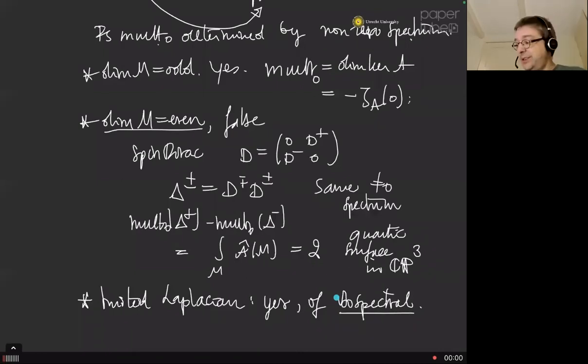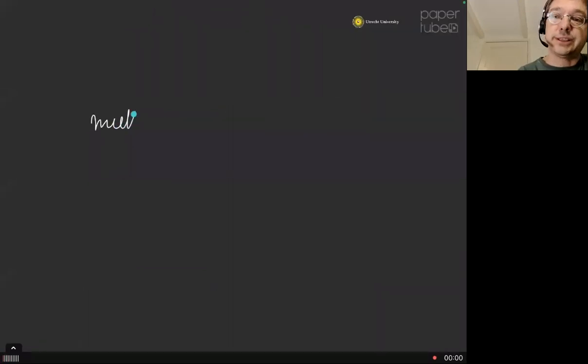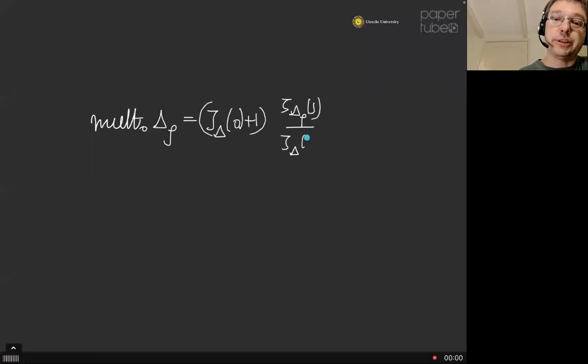Let me just say nothing except the final formula for this. This follows after some consideration. It's the following thing. I take the usual Laplacian at 0. I multiply with the twisted Laplacian divided by the usual Laplacian at the dimension over 2.